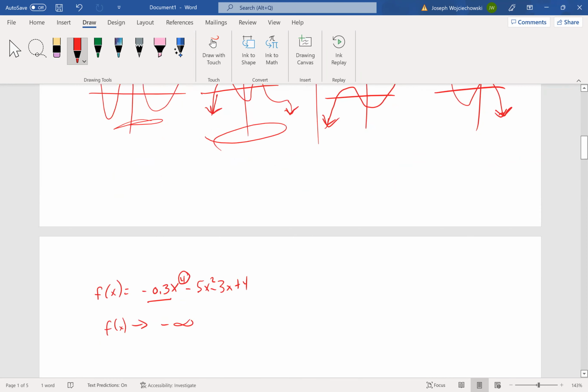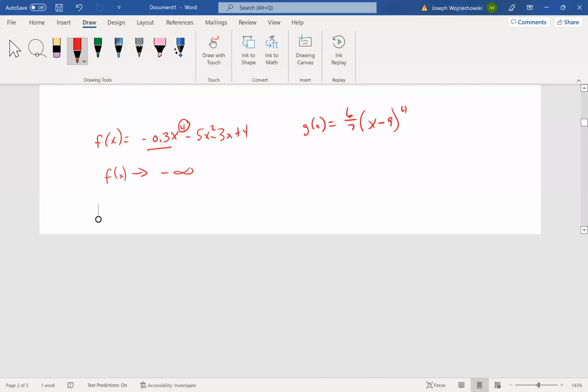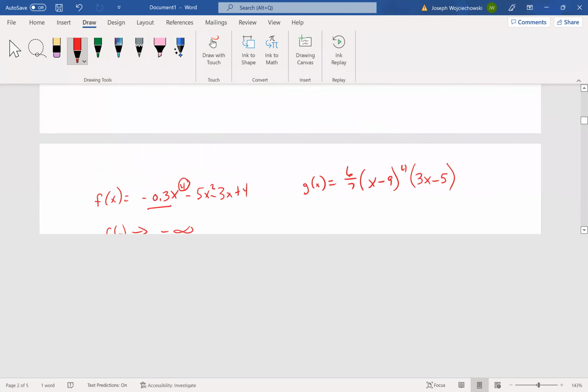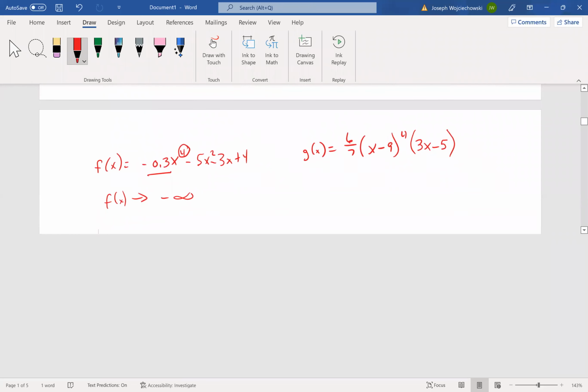Okay, how about this one? I'm looking at g of x equals 6/7 times x minus 9 to the fourth times 3x minus 5. Okay, so now let's look at this. Eventually what we're going to end up with is x times x to the fourth times 3x.